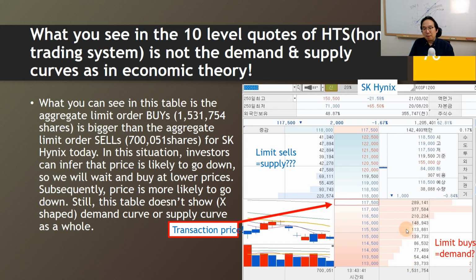Because there is a reason in the first place why these guys are waiting over here. These guys are lurking underneath and say, oh, the price seems to be going down from now on, so if it goes down, I will wait over here, a little lower, and I'm going to buy all those things.